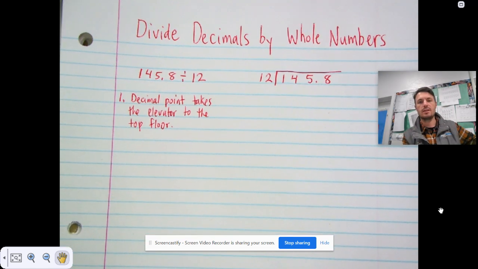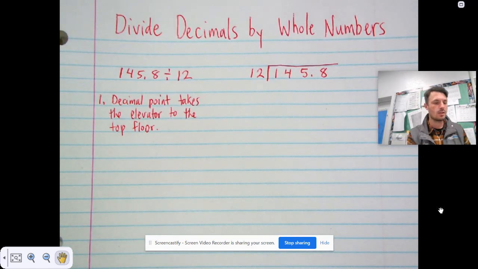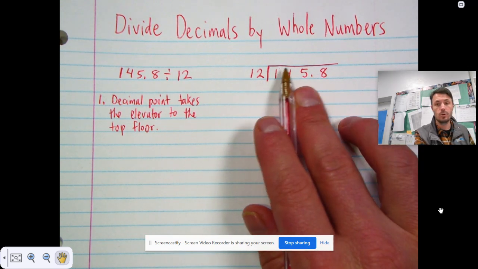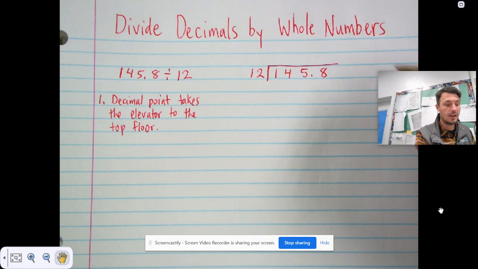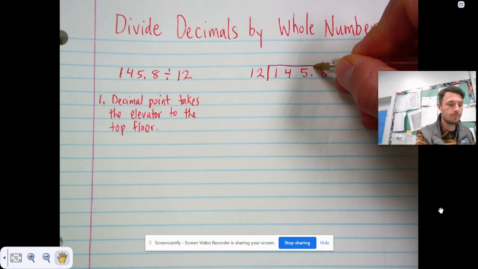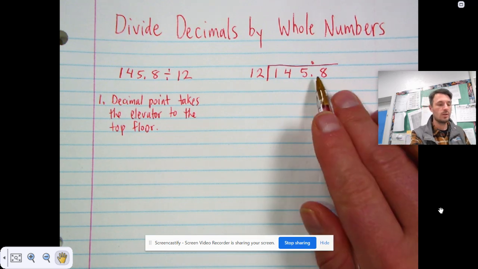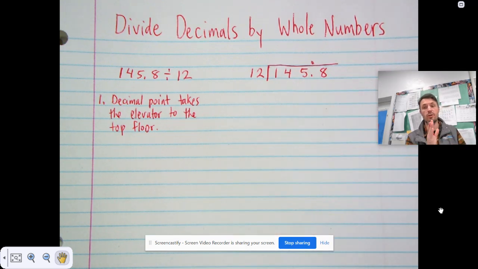The decimal takes the elevator to the top floor. That's weird. Well, it's exactly what it sounds like. See, he's inside the house. The top floor is like the roof of the house, and he just goes up, takes the elevator to the top floor. So he was here, now he's here. We've got to put him in the right place in the answer, and he lines up in the quotient, in the answer, lined up perfectly with where he is in the dividend.